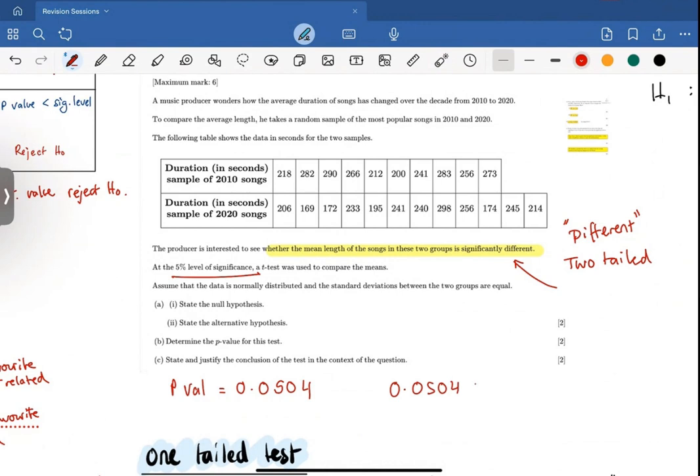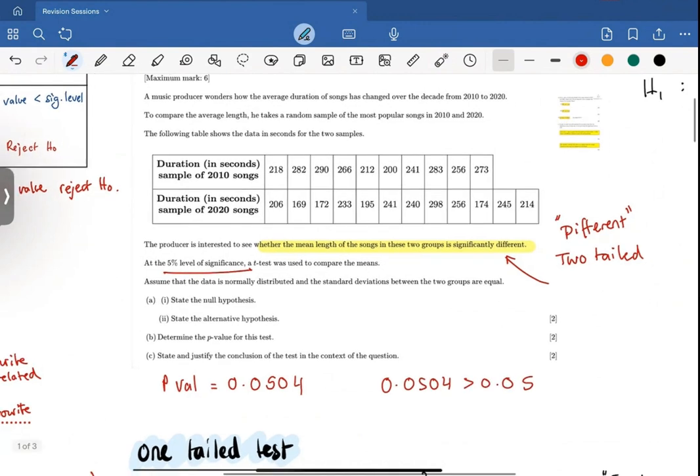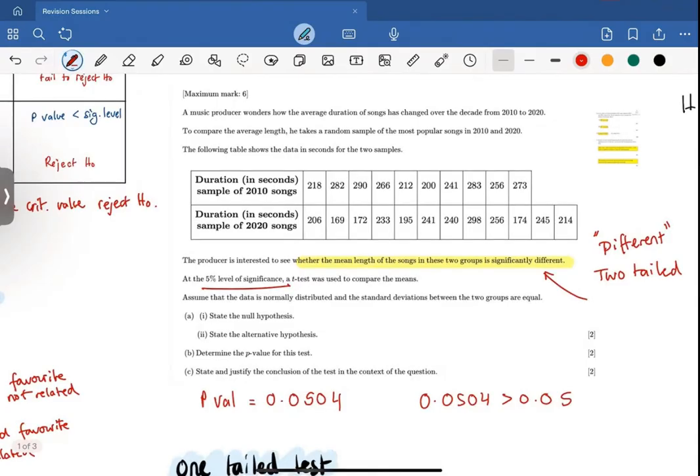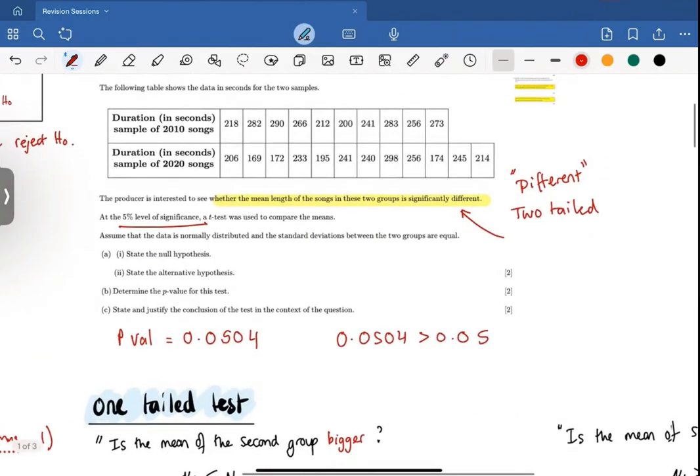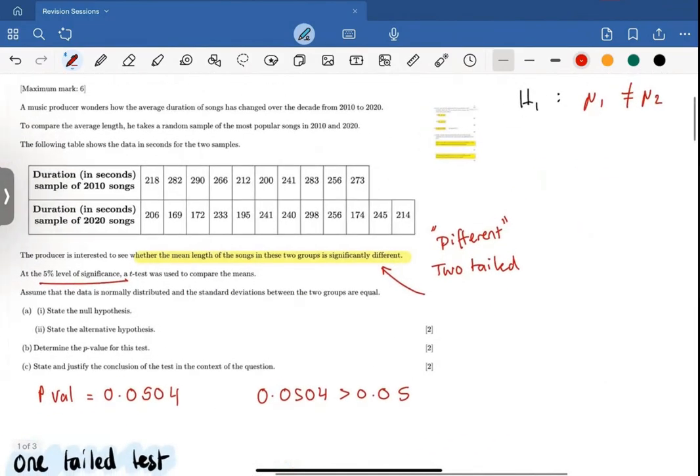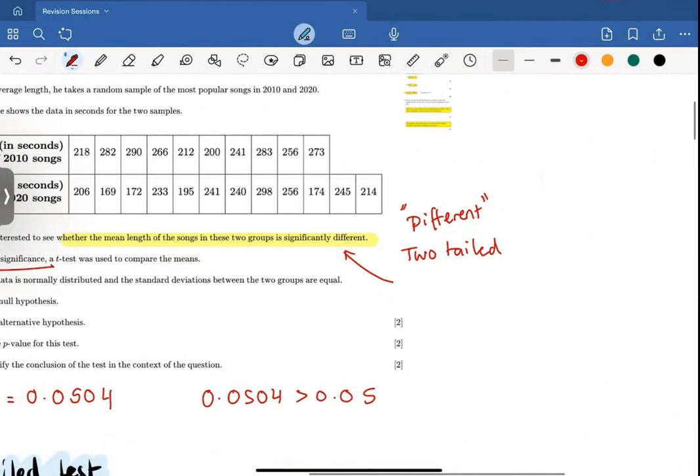Well, that is bigger than 0.05. So again, we're not underneath that significance level. So there's not enough evidence here to reject that null hypothesis. So our conclusion, there's not enough evidence to reject H0.